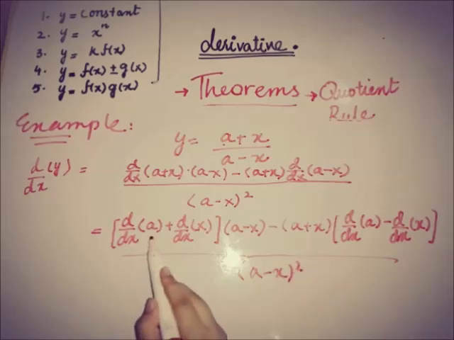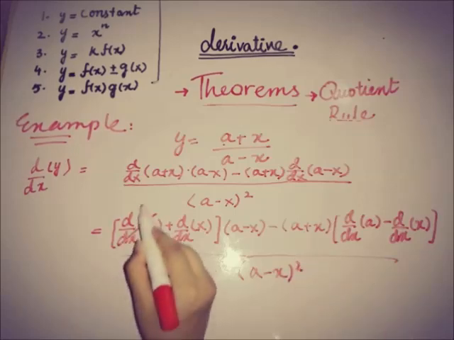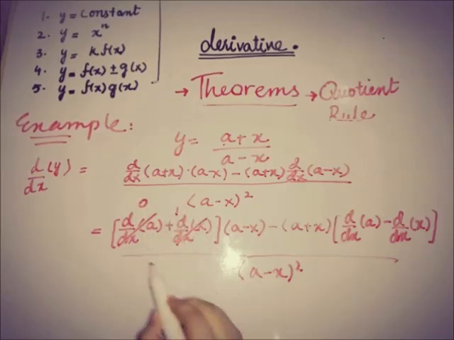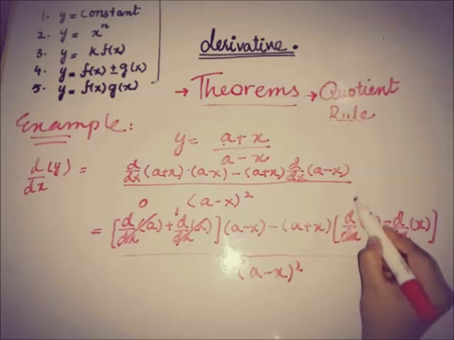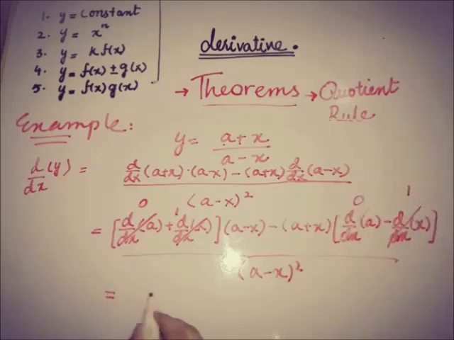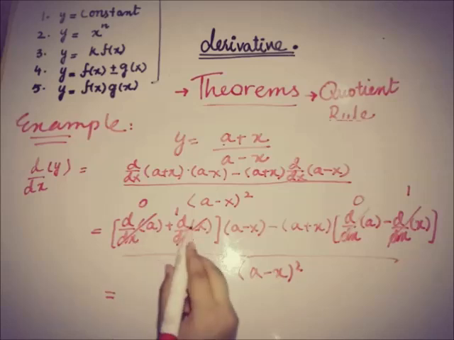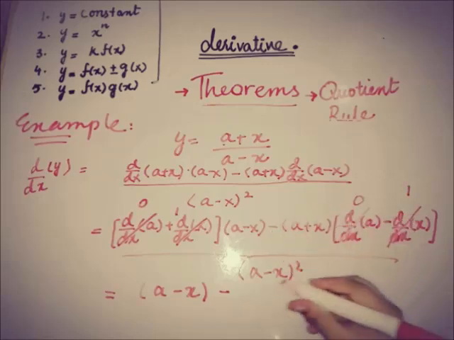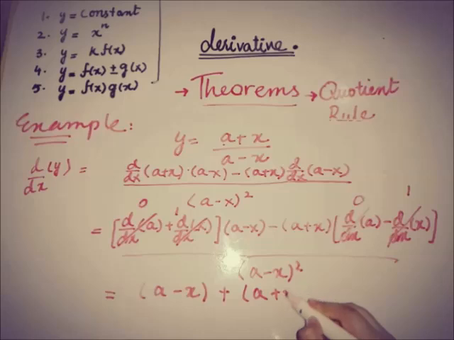a is a constant function, so the rate of change of the constant function is 0. dx by dx is 1. Here is also 0, and we get 1. So it is 0 plus 1, that is 1, times a minus x, minus, this is negative, 0 minus 1, negative 1, so positive a plus x, and the whole divided by a minus x whole squared.